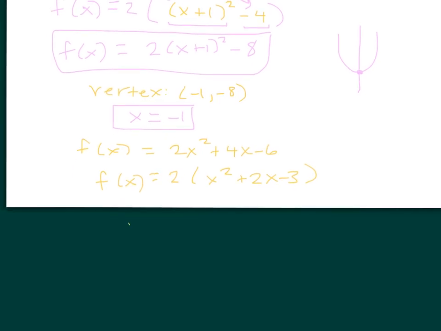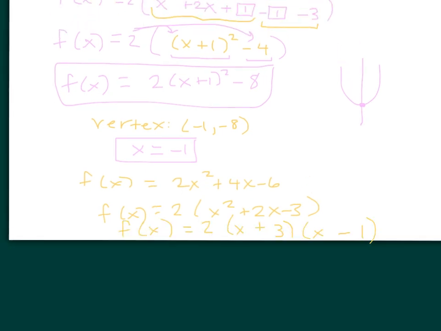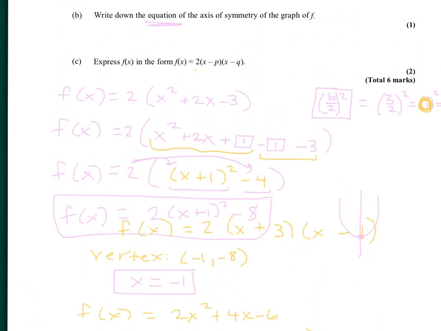Okay, so we get f of x equals 2 times, and we ask ourselves what multiplies to give us -3? Well, 3 and 1, where one of those is negative, right? Okay, and then what's going to add to give us 2? Well, a +3 and a -1. Once we've done that, we've written it in this form.